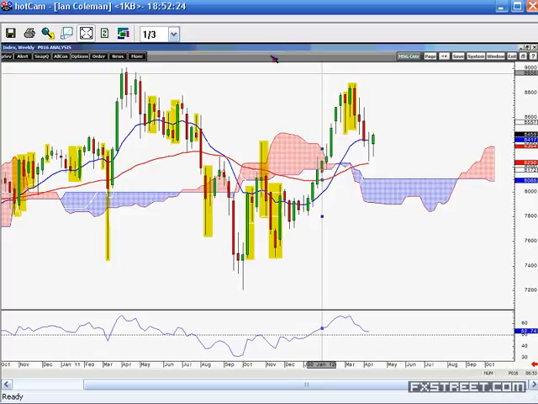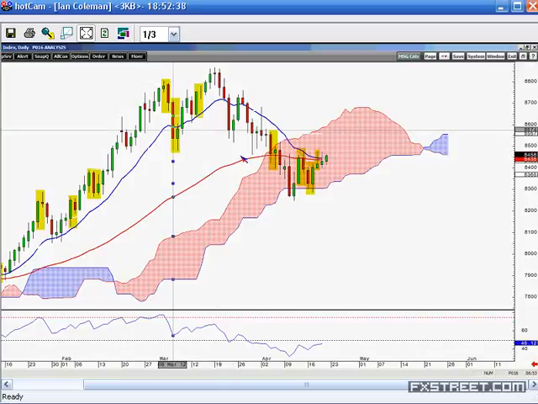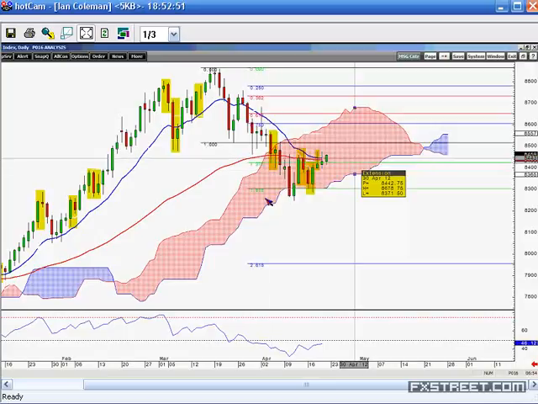Weekly pin bar, just moving back up. Daily. I've actually got a reverse head and shoulders in Aussie dollar at the moment. But this is short term. Aussie yen is up. In my opinion, sorry, I always have to put that in at the end.